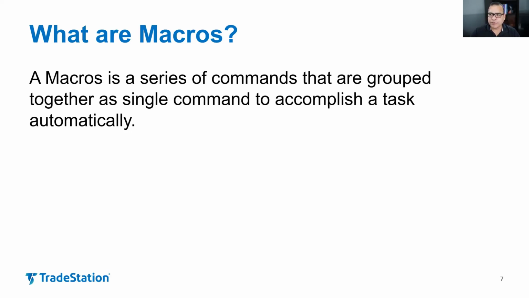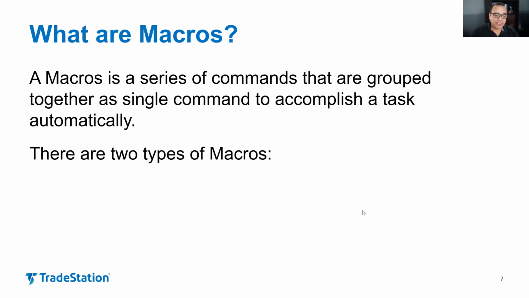If you've used other software like Photoshop, you can create a series of actions like tone down the skin, make the contrast a little bit higher, and put them together into a macro. I think Photoshop calls them actions, but in TradeStation, they're called macros. It's just a series of actions that you're taking, for example, creating a chart, adding a moving average, and doing something else to the chart. Those are things that you can create into a macro.